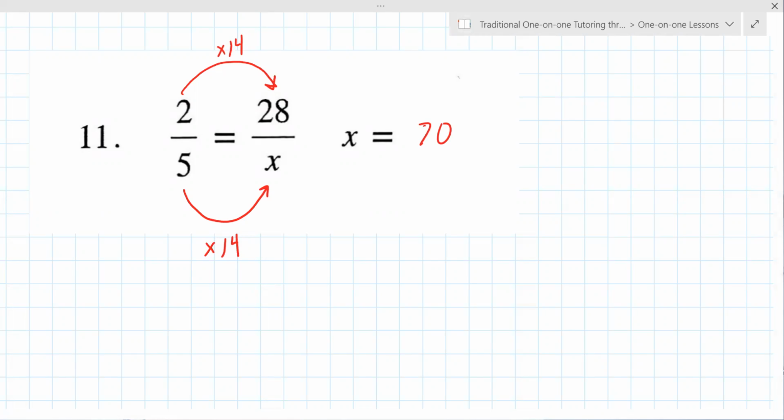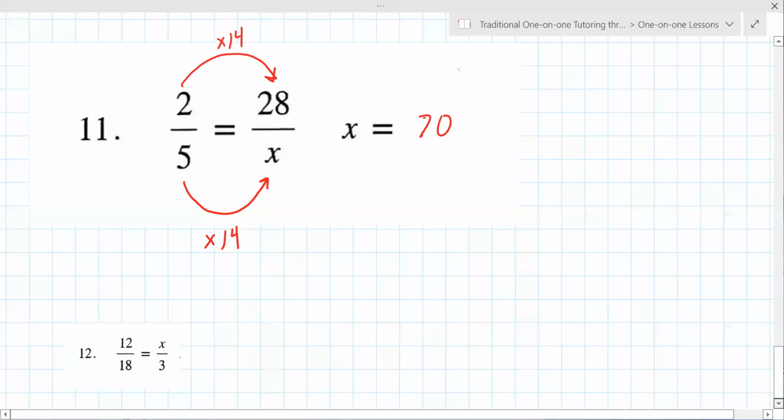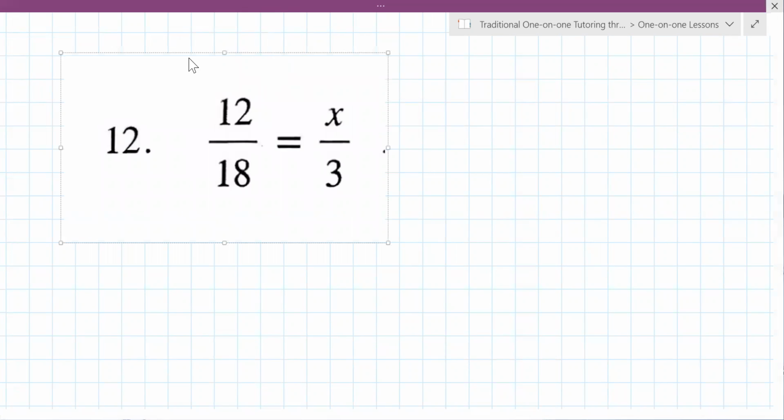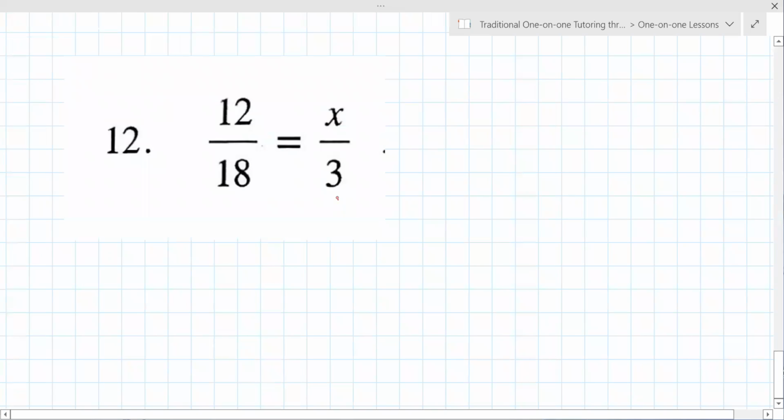Number 12 here. Same thing for number 12. The hardest part, I guess, is to figure out which direction you are going. So if you look at it as, how do I go from 3 to 18? That's multiplication by 3. We really, though, want to go the other direction, because see how we've got to manipulate 12 to go the other direction. So it's got to be in the direction of the variable here.